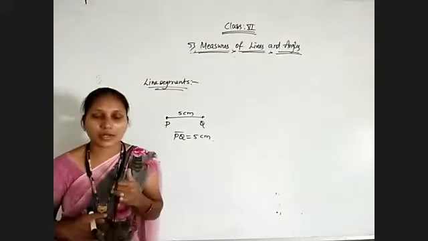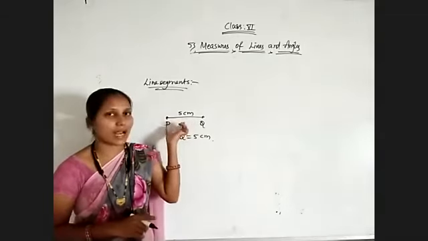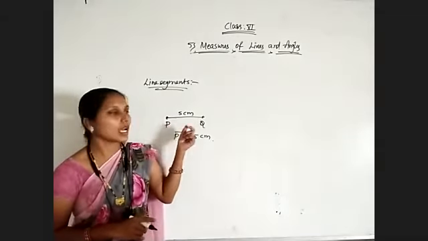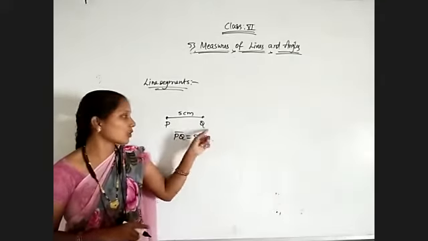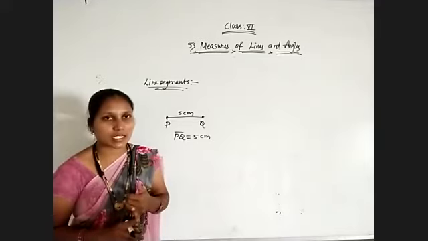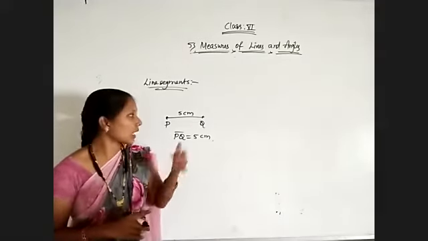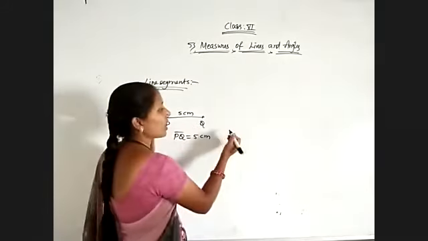So here you need to remember what a line segment is. A line segment is a part of a line which has two endpoints and a definite length. So PQ will be equal to QP. Length is the same. Several examples we have studied about line segments, how to construct and how to measure them.